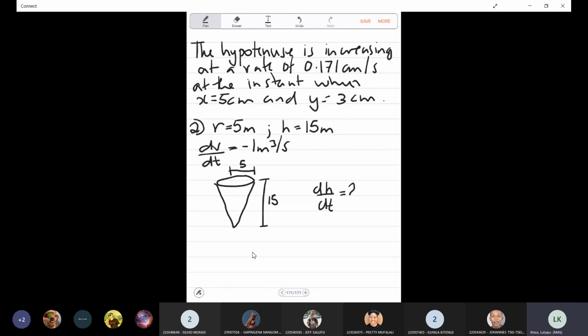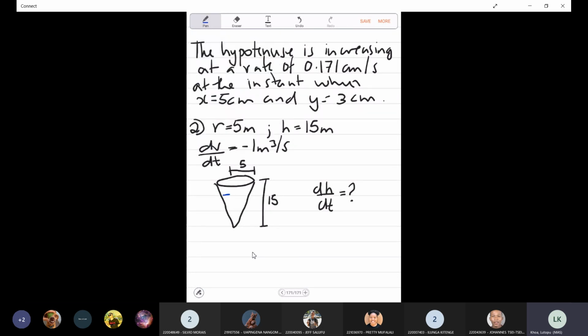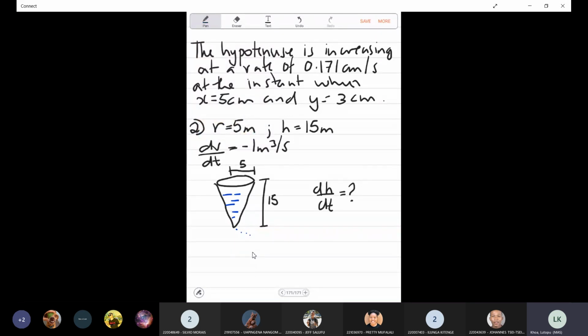This is what we are looking for. So you can imagine some water in there, it's flowing out.